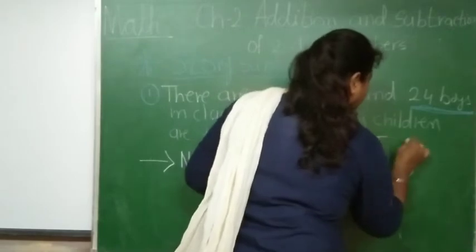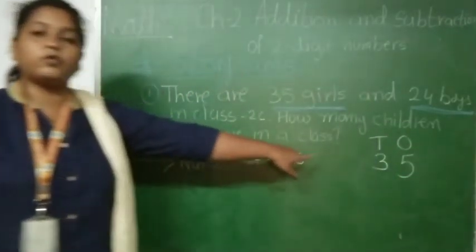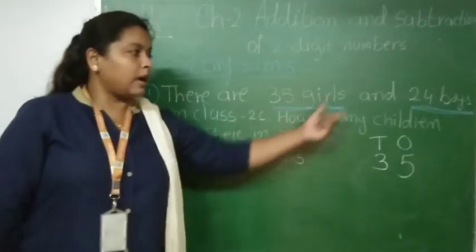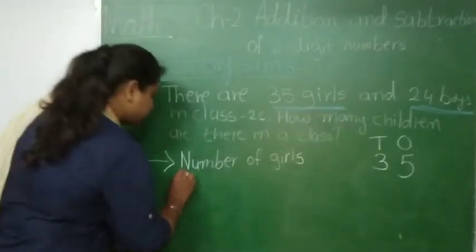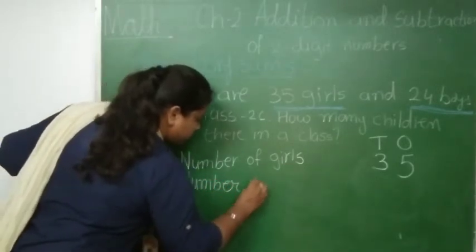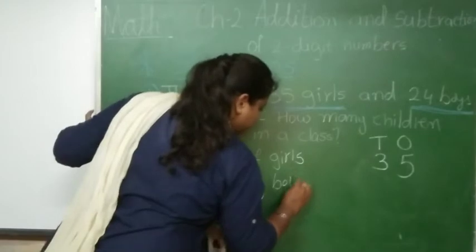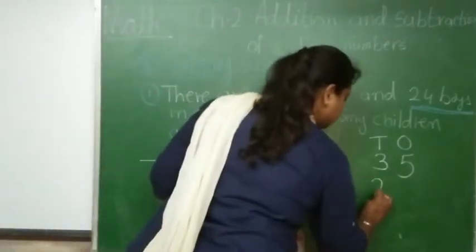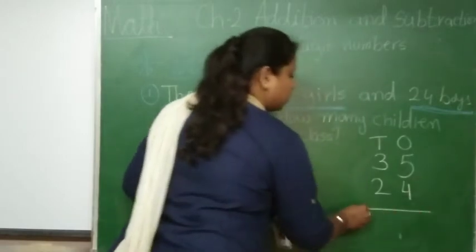And as we know that we are writing 2-digit numbers, so we have to write tens and ones as well. Now after the number of girls, number of boys. So number of boys क्या होंगे? Yes, that is 24. That is also given to us.